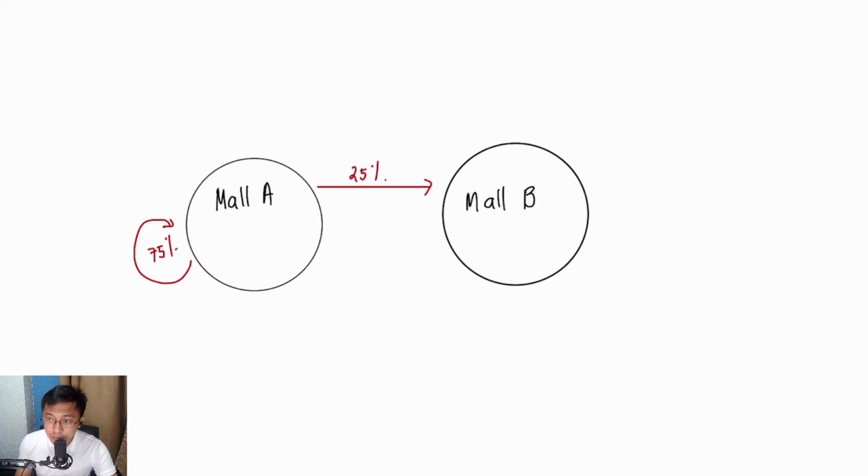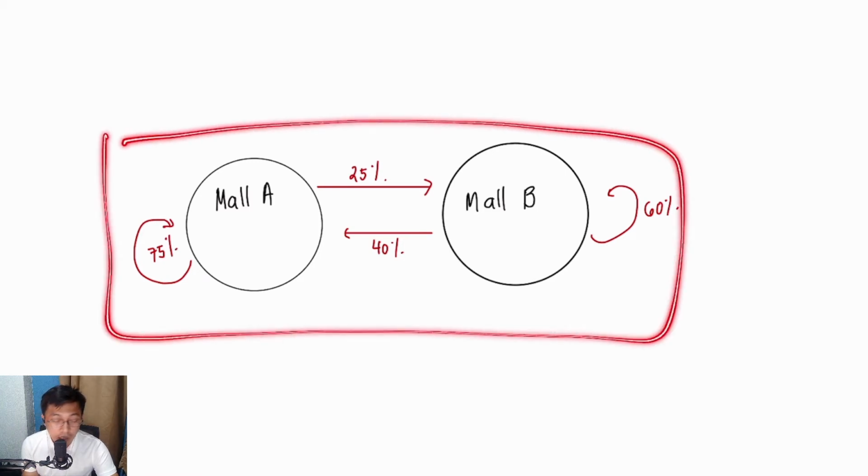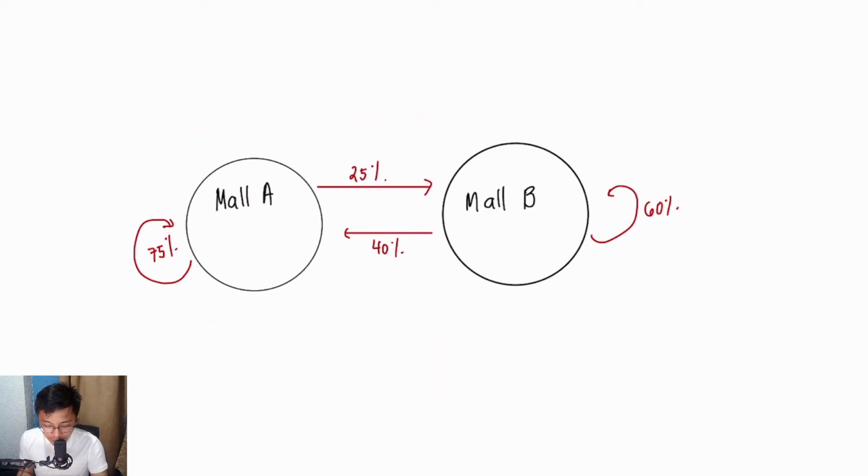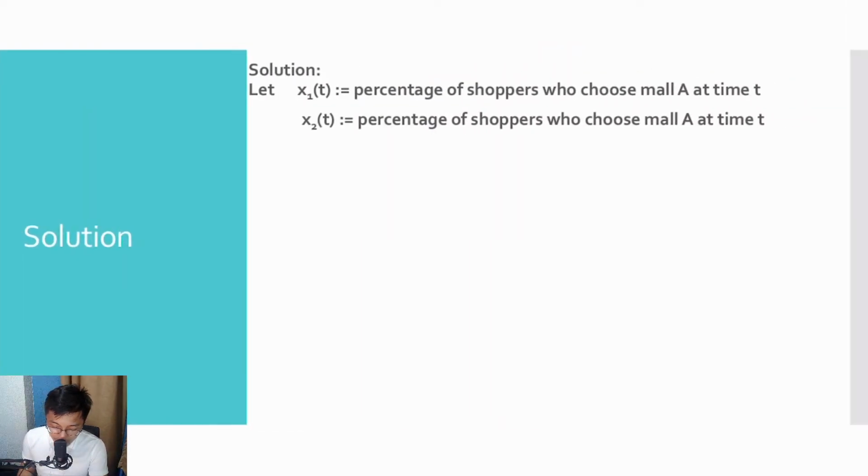And for the other one, 0.4 or 40% of the shoppers want to transfer from Mall B to Mall A, and that would mean the remaining 60% will still shop at Mall B. Alright, so this will be our graph after 1 week of the Christmas season.